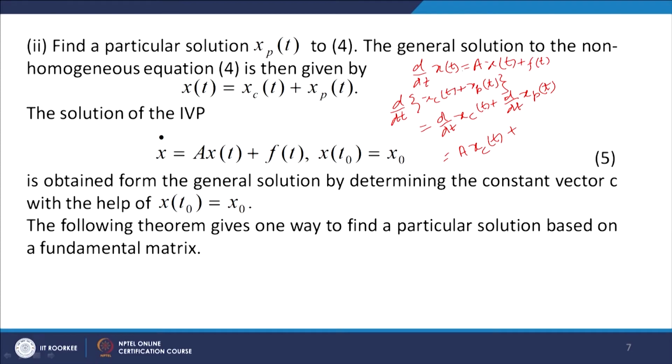So, d over dt of x p t will be equal to a x p t plus f t. Now, let us combine, this can be written as a times x c t plus x p t, plus f t, and x c t plus x p t is equal to x t. So, we have a x t plus f t. So, x t equal to x c t plus x p t satisfies the system 4, and therefore, x t is a solution of 4.